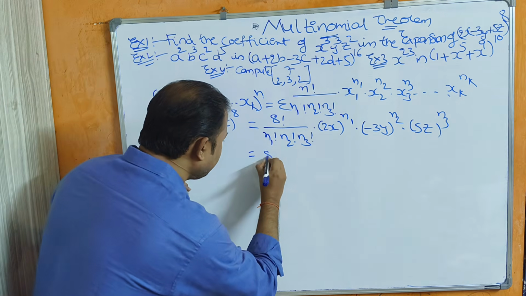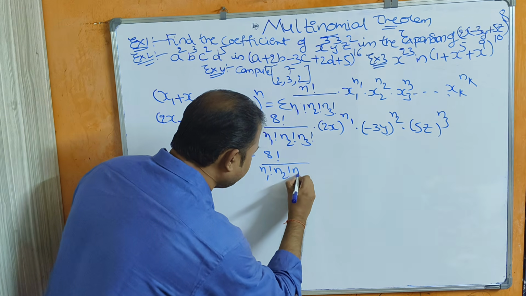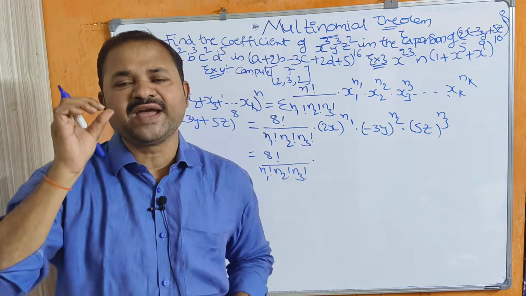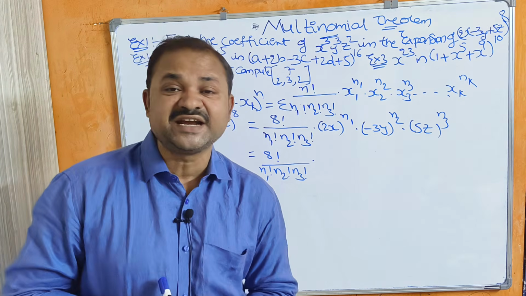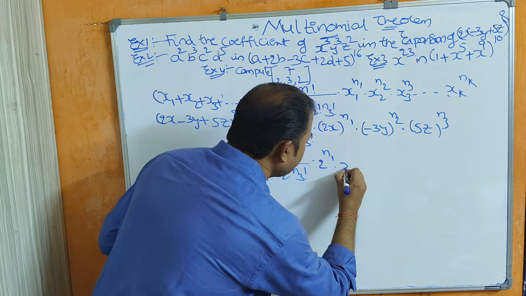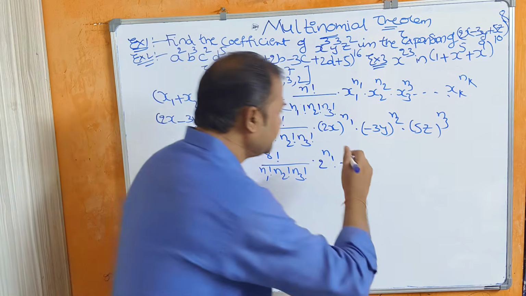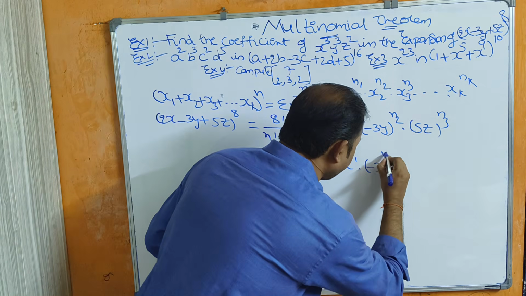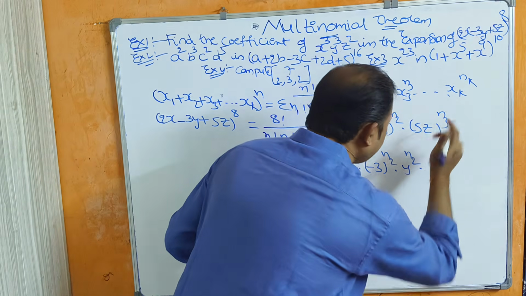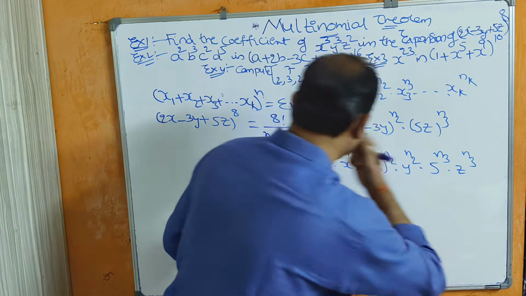So that is equal to 8 factorial by n1 factorial into n2 factorial into n3 factorial into (2x) whole power n1. Now we need to separate the coefficient and exponent. So we can write this as 2 power n1 into x power n1 into (minus 3) whole power n2 into y power n2 into 5 power n3 into z power n3.